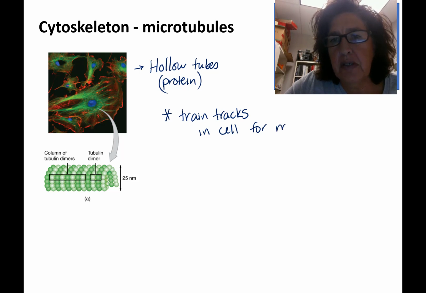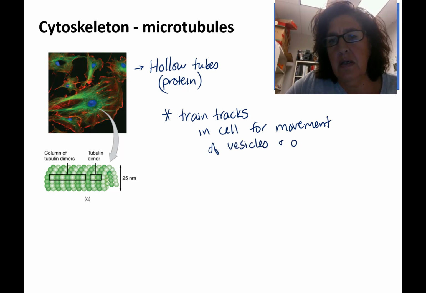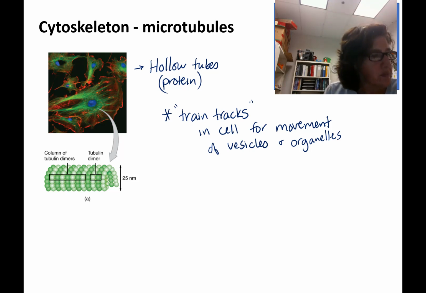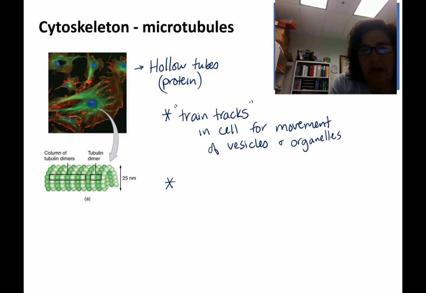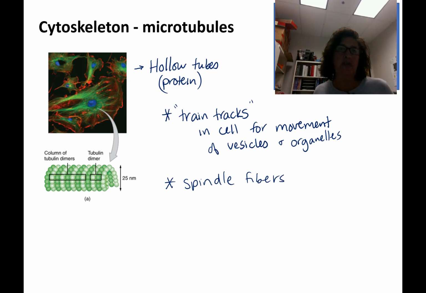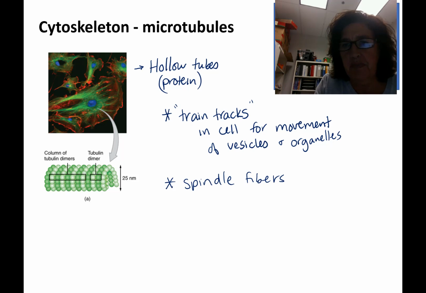Train tracks for movement of vesicles and organelles. Microtubules also make up what we call the spindle fibers that are important in pulling chromosomes to separate cells in cell division.